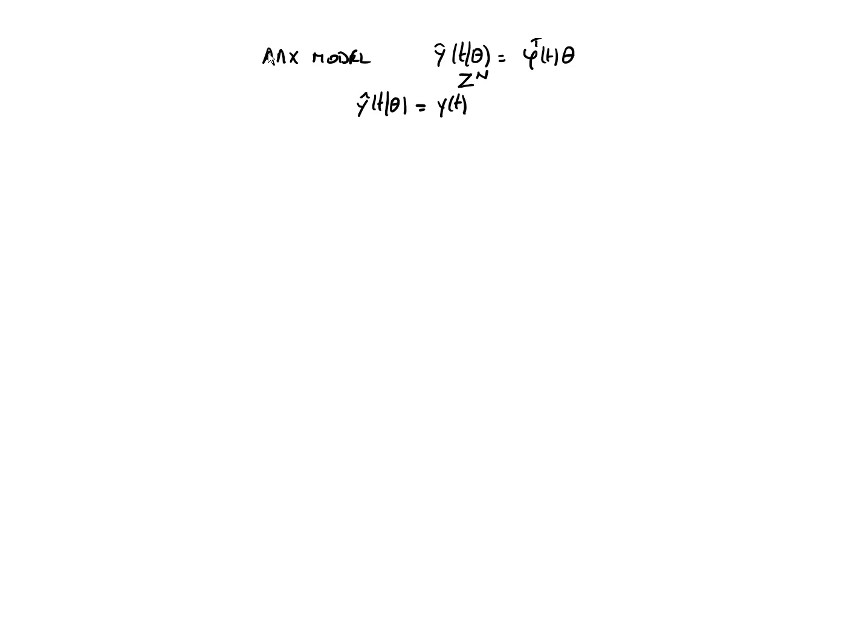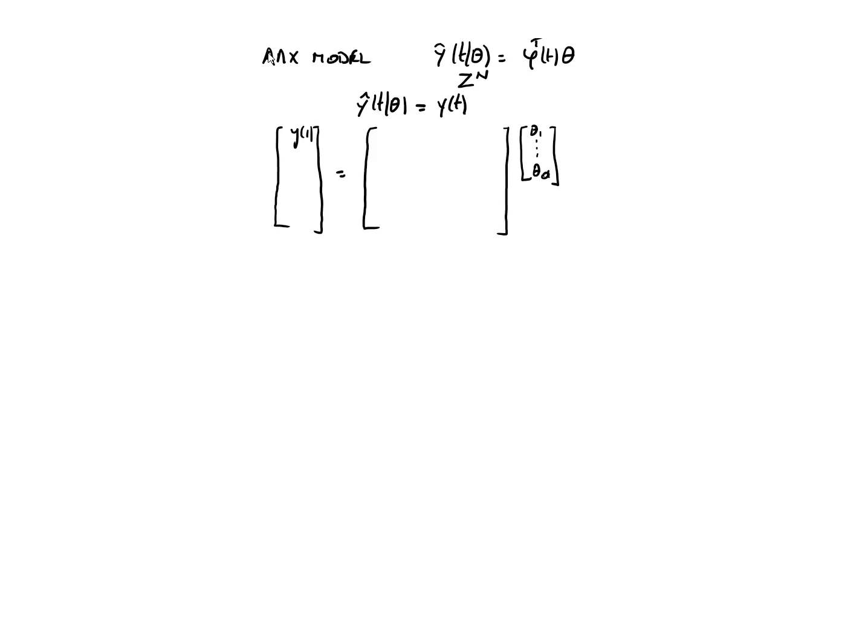You want to impose this for the N data points. So what you can do is write this in matrix format. So this is y(1) equal to, and then we have to use this equation over here, and what we'll have over here is theta 1 up to theta d.